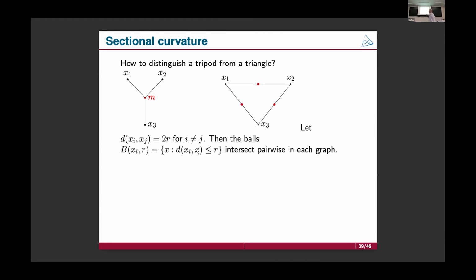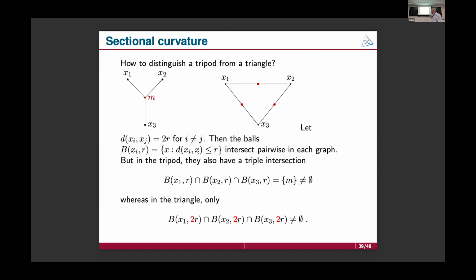So now we assume that the distances between the 3 points, x1, x2, and x3 are the same. They are all equal to 2r. Then we look at those points that are at distance at most r, and they intersect pairwise in each graph. Here we have a single intersection point M, which has distance r from any of them. Here this point has distance r from this one and from this one, but of course not from the other one. And as I said, in the tripod, we also have a triple intersection.